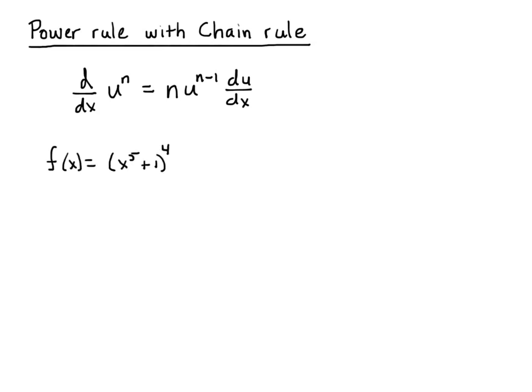Okay, so we'll revisit this kind of function again, where we have x to the 5th plus 1, to the 4th. So the power rule with the chain rule says that this is going to be 4 times that x to the 5th plus 1, and then we subtract 1 from 4 to get the new exponent of 3, and then we multiply it by the derivative of x to the 5th plus 1, which turns out to be 5x to the 4th.